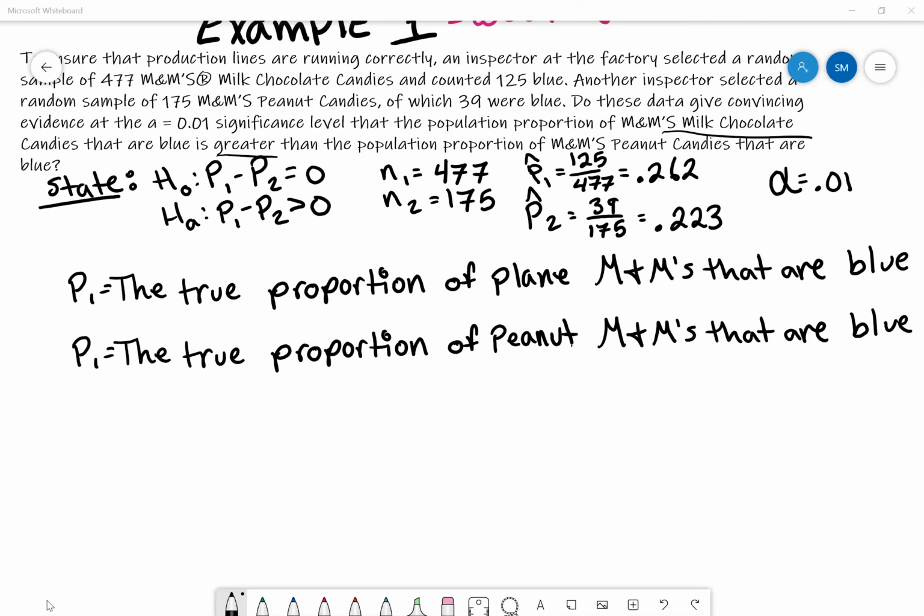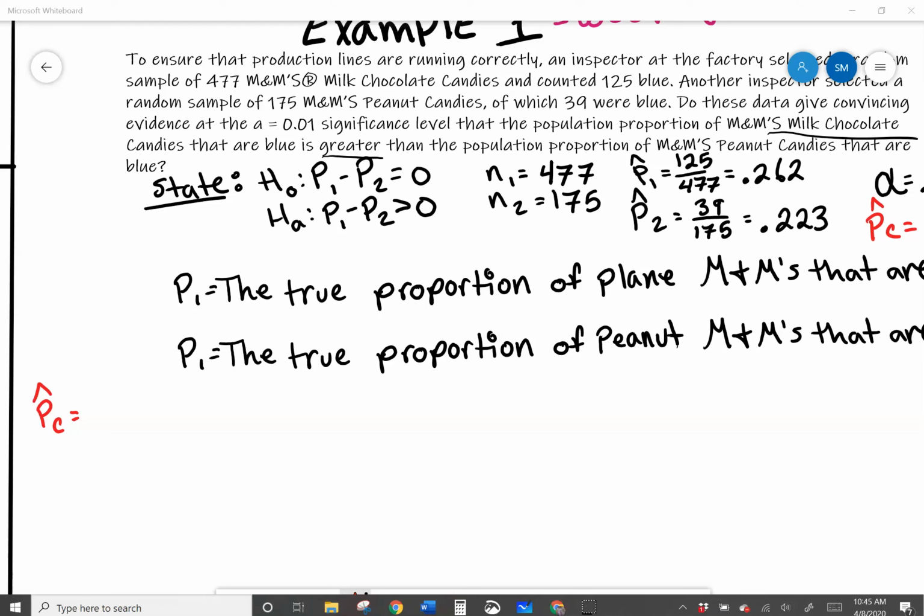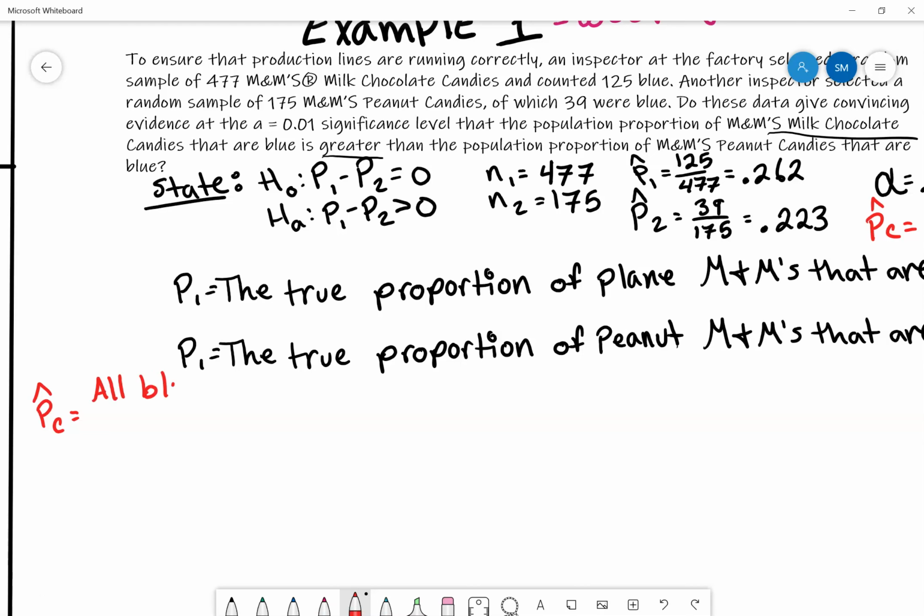And now we need to figure out what the P hat sub C is. This is that new part, P hat sub C. We're going to put the total over here. So P hat sub C is going to be equal to all the blues over the total number of M&Ms surveyed.